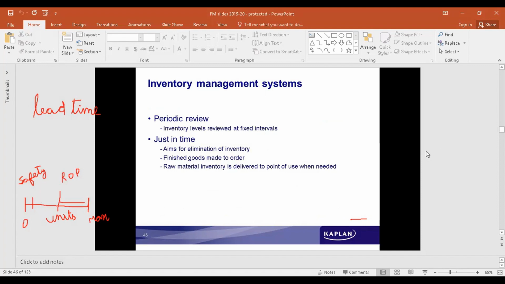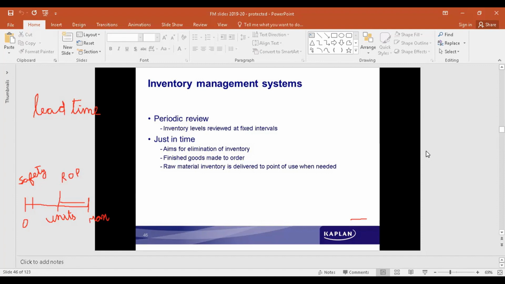We see that inventory which is accounted for in the books of accounts could be done periodically or perpetually. Periodically is, at the end of maybe one month or one week, they verify how many units are remaining, what is the cost of those units, and that is calculated and accounted for.